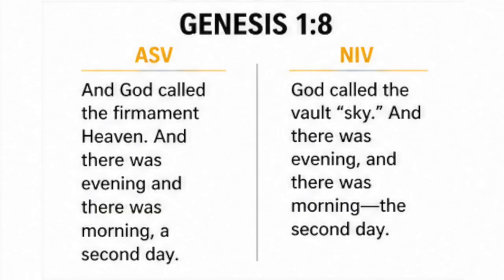Day 2, final, naming the space, sky, heaven. Deep inside, in ancient thought, naming equals authority. So when God names heaven, sky, it means this structure is established. It has identity. It has purpose.